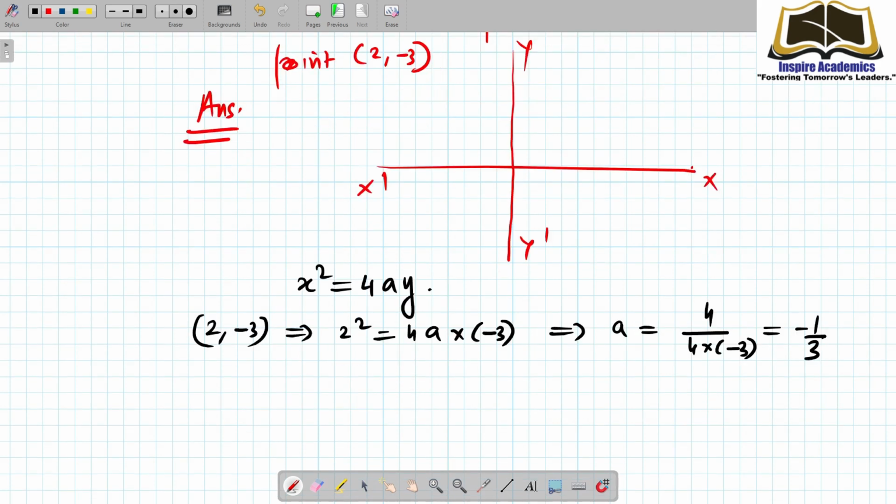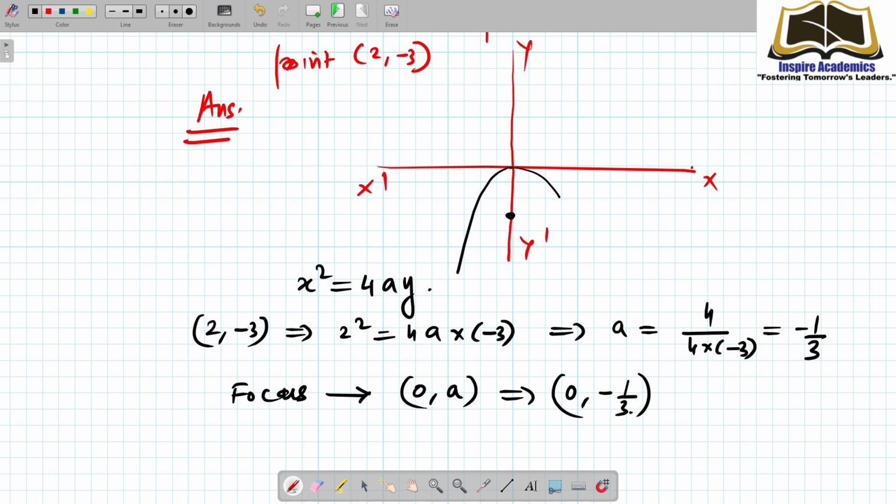y axis symmetry है तो focal point क्या होगा, focus would be 0, a, which means 0, -1/3. तो focus कहाँ हुआ, -1/3 would be somewhere here, that means parabola is downward, okay, and here would be the directrix.